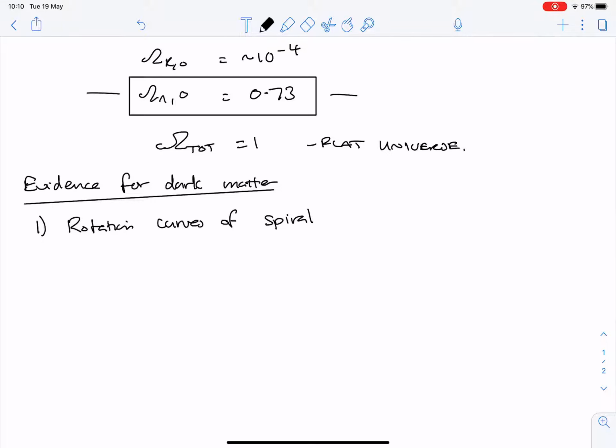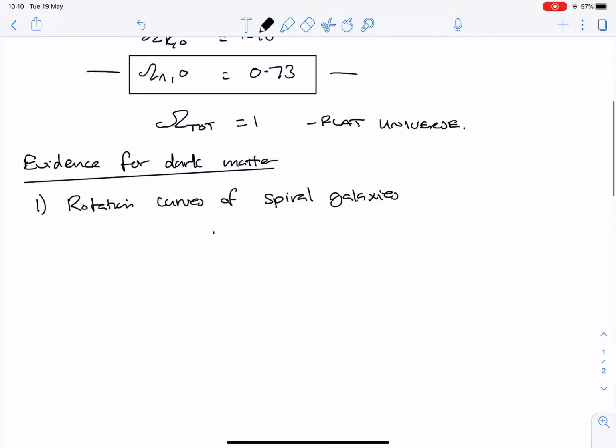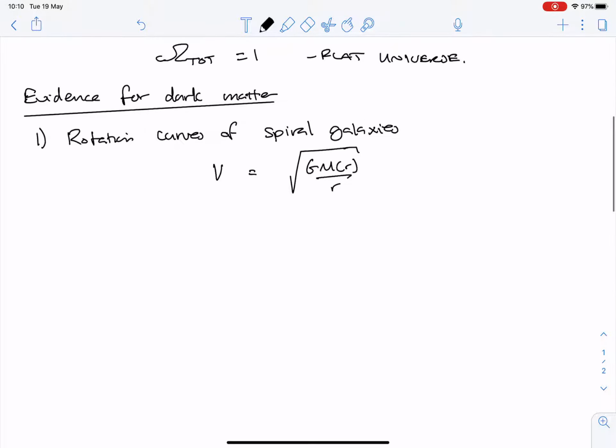So our Milky Way is a spiral galaxy. And we've said, the orbital velocity is given by the square root of GM(r) over r. And we've basically looked at that in more detail in the past. And we've seen that in spiral galaxies, this becomes a constant at larger radii.